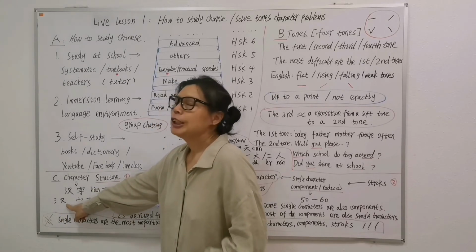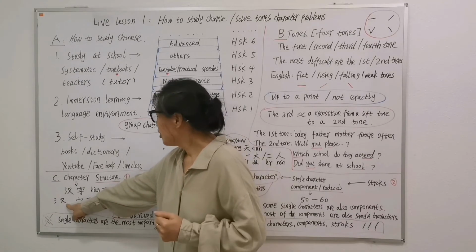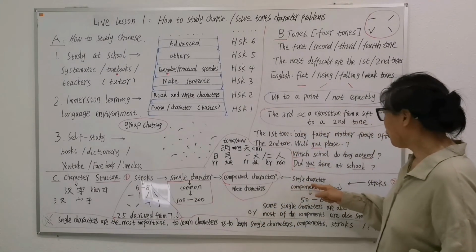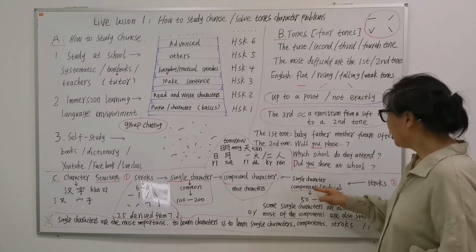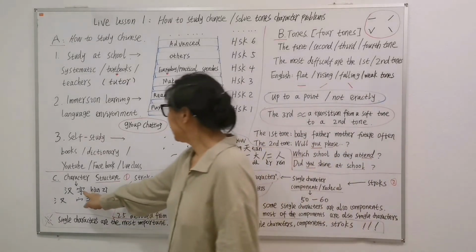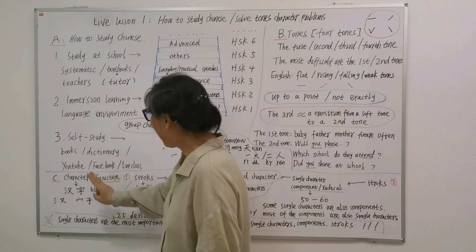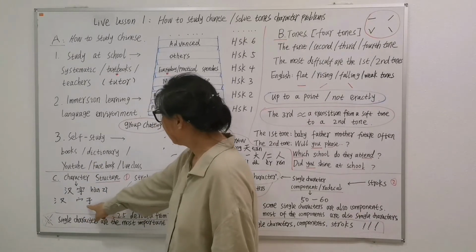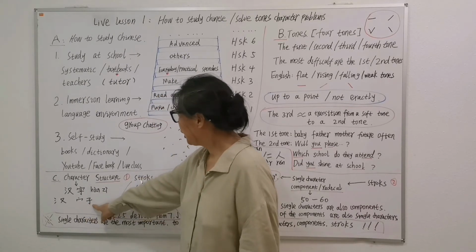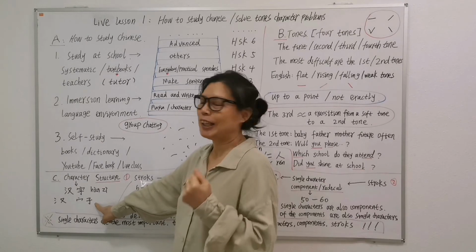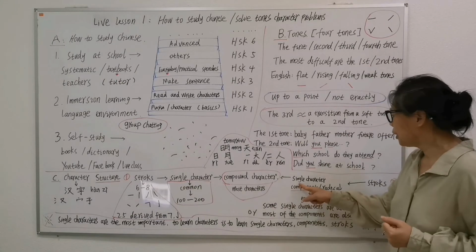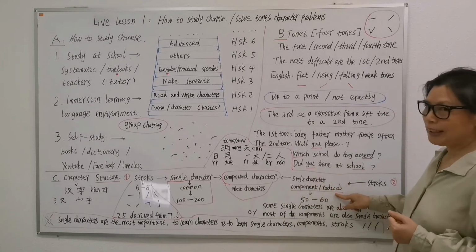And this is a single character. So 汉 is made up of a single character with a component or radical. 字 has two parts, this and this. This is a component or radical. This is a single character, 子. So 字 is made up of a single character and a radical.